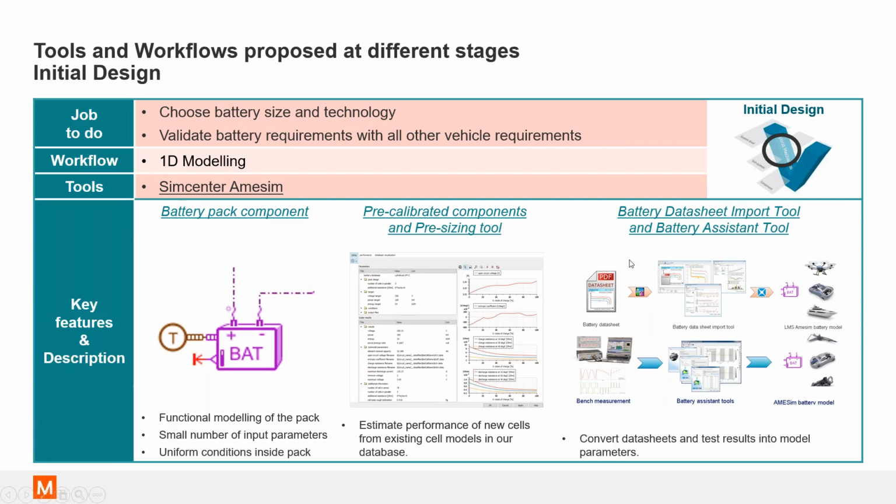You could also import a data sheet where it captures the curves, which you see here, and creates a cell design for you. This might be limited in terms of how it would behave for varying operating temperatures and ranges, but at least I get a fairly good understanding of how my cell would behave at a system level.